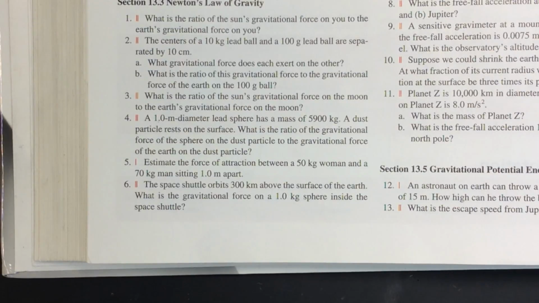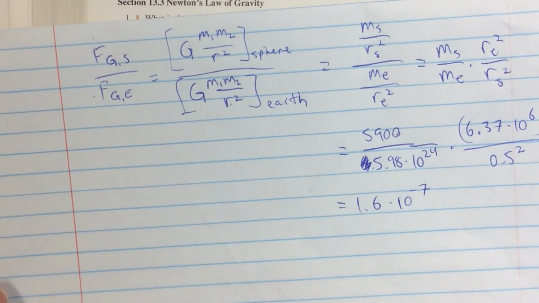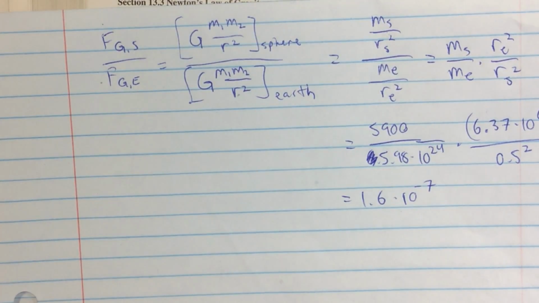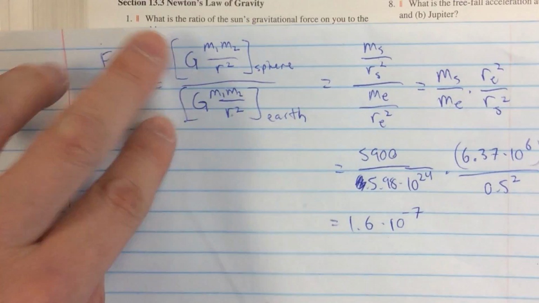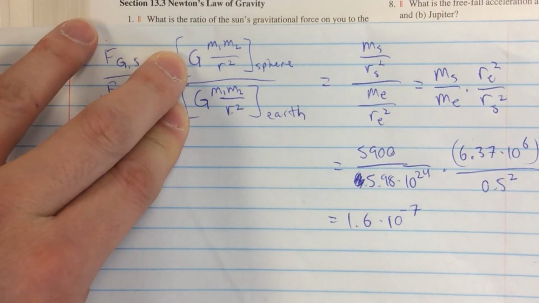Alright guys, folks, let's take a look. So you're looking for the ratio of the forces. I was lazy, I didn't really want to label every single thing. So you have GMm over r squared for the sphere divided by GMm over r squared for the Earth. You'll notice they both have the same G, that cancels out.